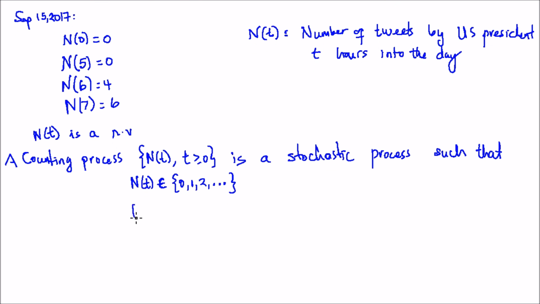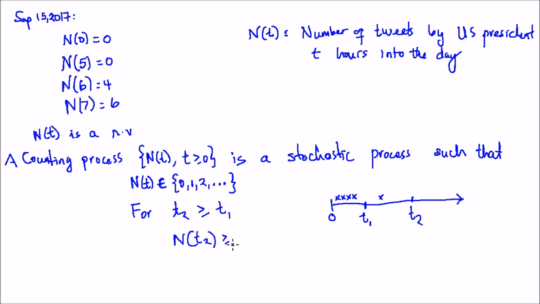And the second condition is that for time t2, which is later than t1, so we have this timeline, time 0, time t1, and time t2, there could be events happening all along this timeline. The number of arrivals up until t2, which is later than t1, should be greater than or equal to the number of arrivals up until t1.